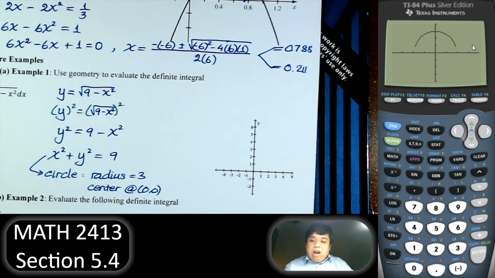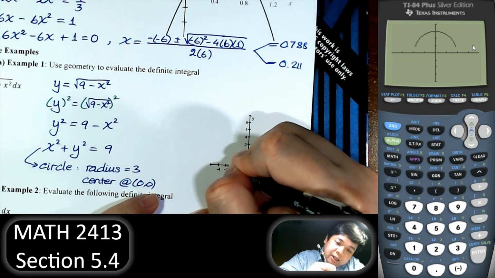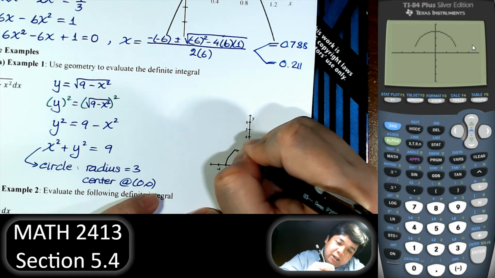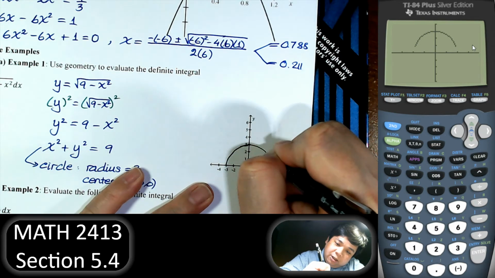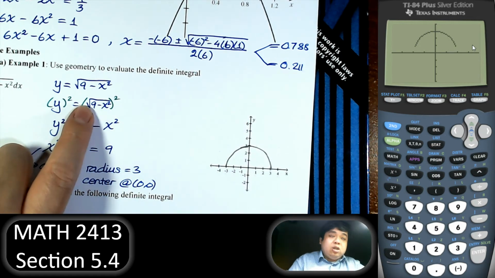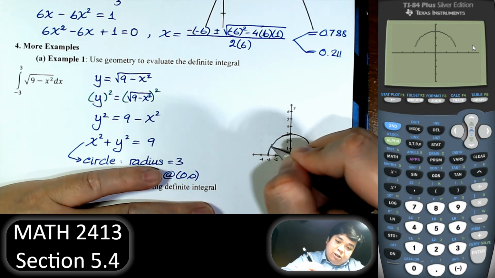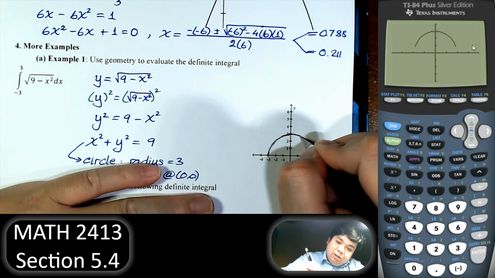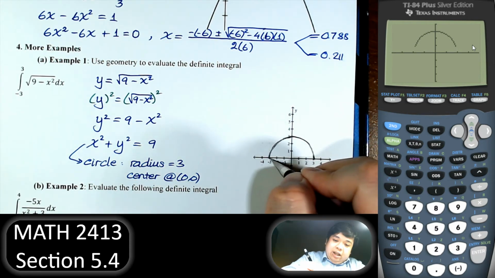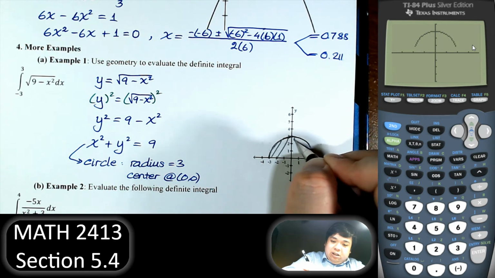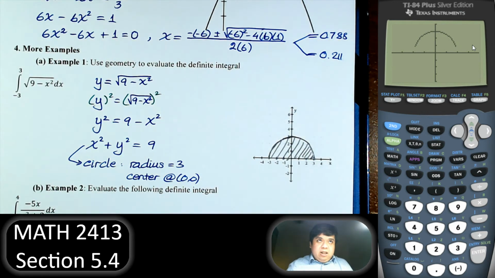So if we go on the graph, it is a circle. But because y is only positive, we only have the upper half of the circle, the semicircle. And this integral will give us the area under the semicircle, so the area of half of a disk.